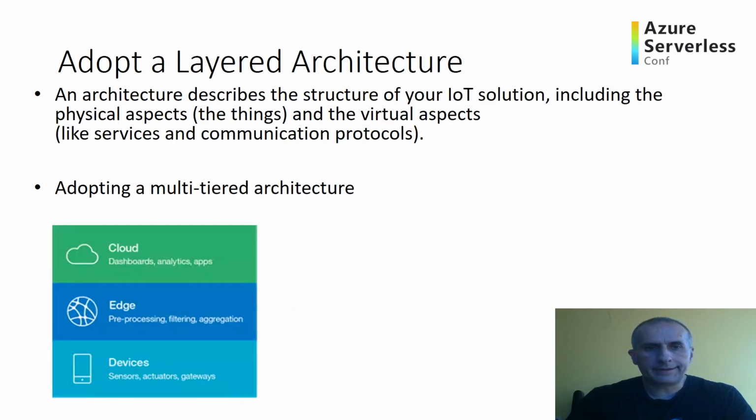Another important thing is that we have multi-layered architecture. That means we have different specific layers. From one side, we have devices where we have sensors, different types of application connections on site, gateways, and specific other devices.